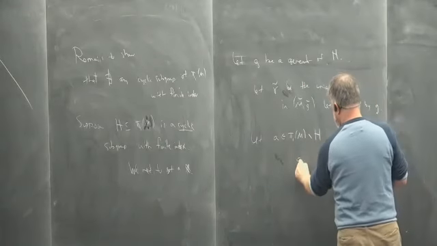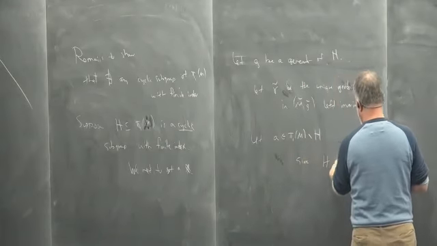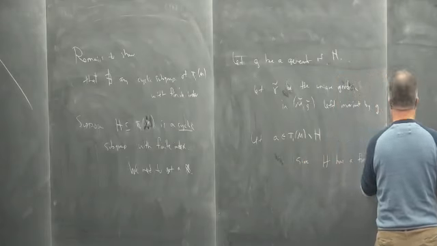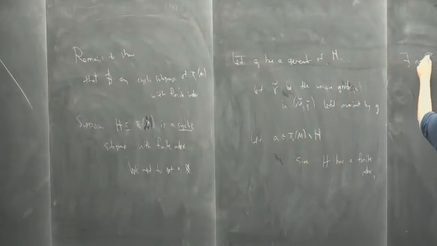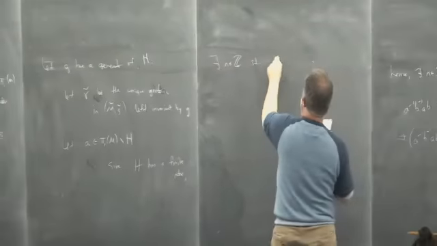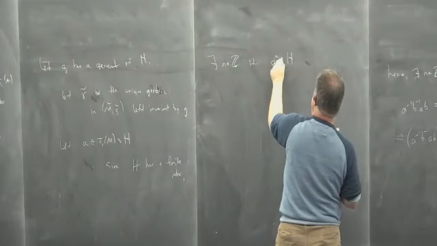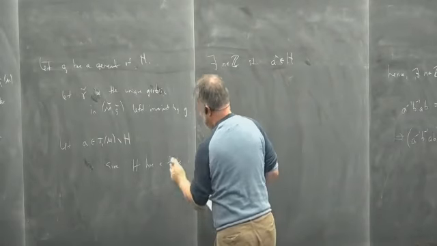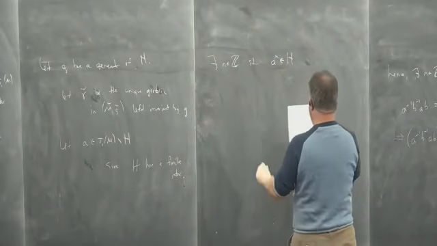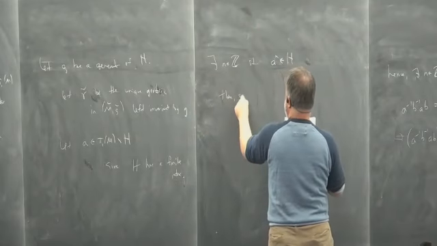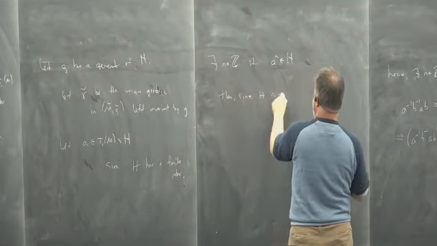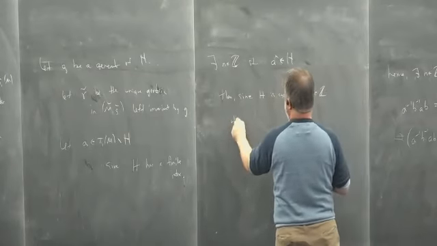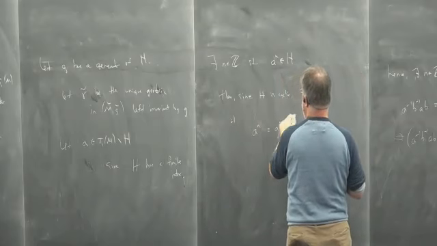So since H has finite index, there exists some integer n such that A to the n is in H. Okay, that's basically what finite index means. But then, since H is cyclic, there exists some integer m such that A to the n is G to the m, right?